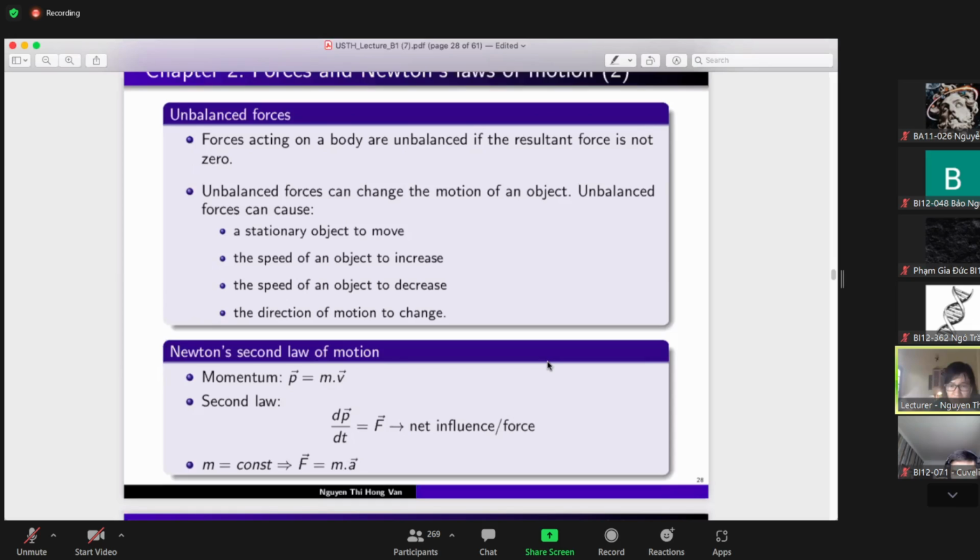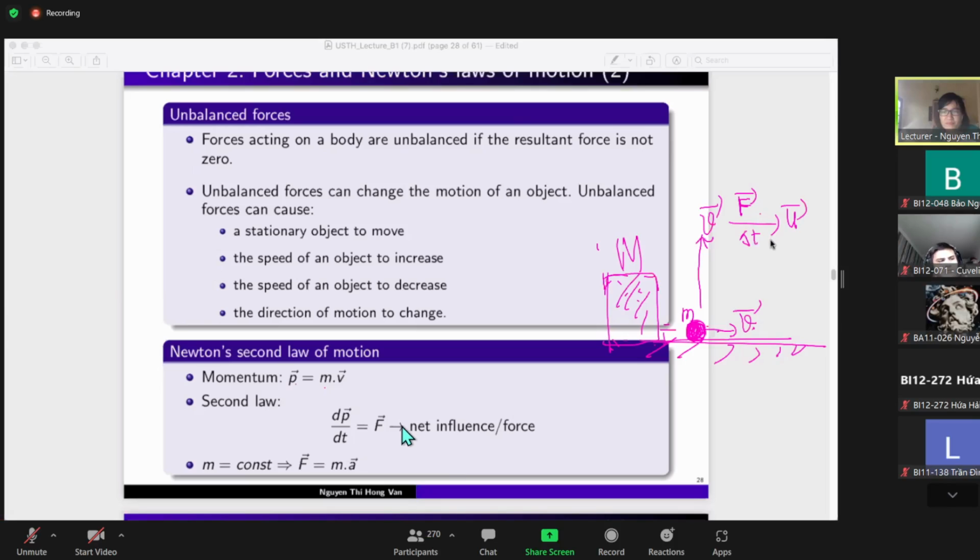By acting with some force, it makes this object change its velocity from v to u. And the time taken for this velocity change, or the time of the force acting on this body, is delta t.